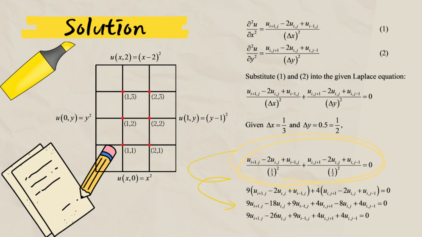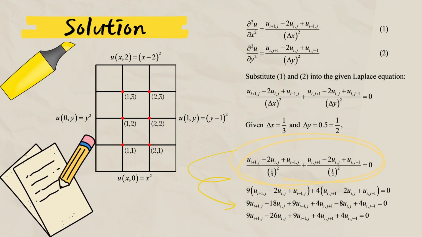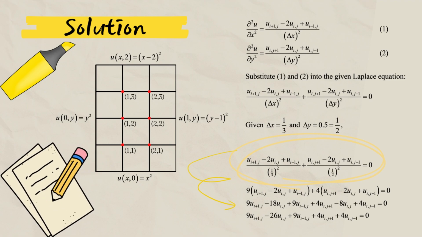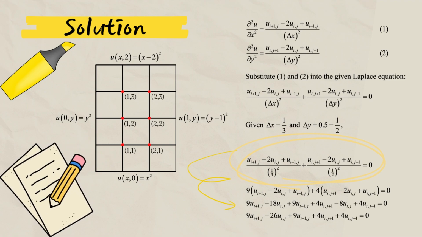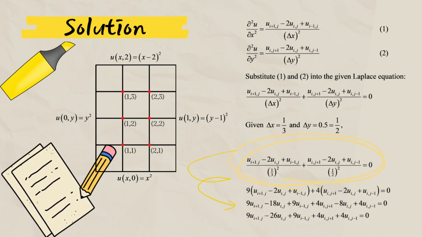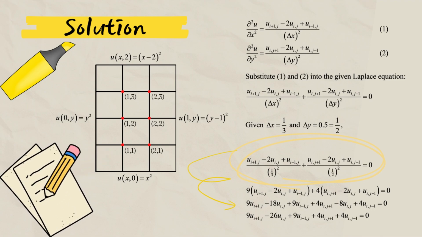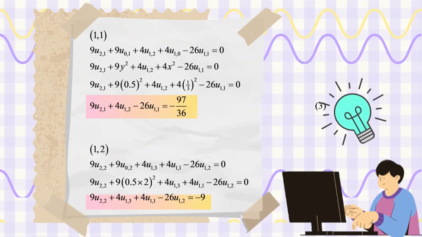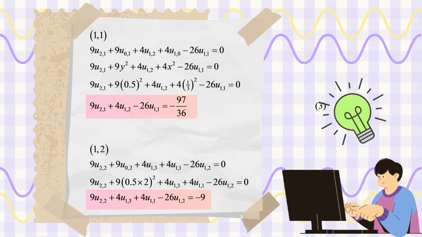Note that the initial conditions and boundary conditions can be represented as the figure shown on the left-hand side. We note that there are a total of 6 nodes. We will be forming equations at each node using the formula obtained. For node 11, we obtain the equation 9u21 plus 4u12 minus 26u11 equals negative 97/36.